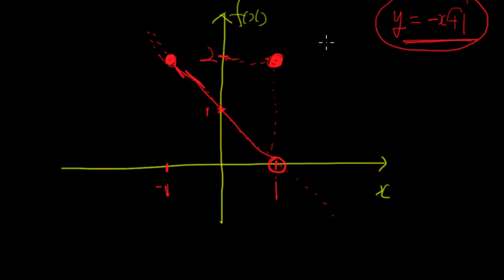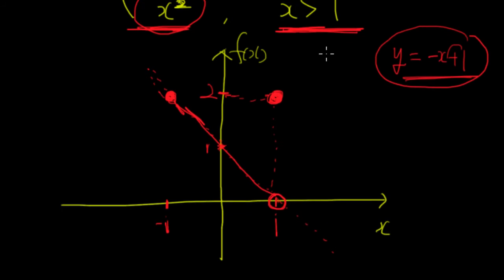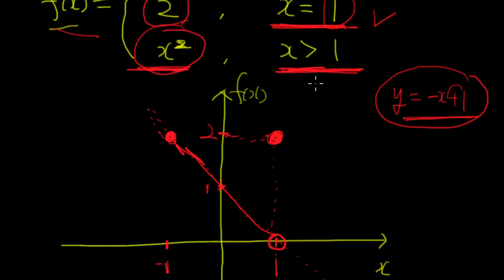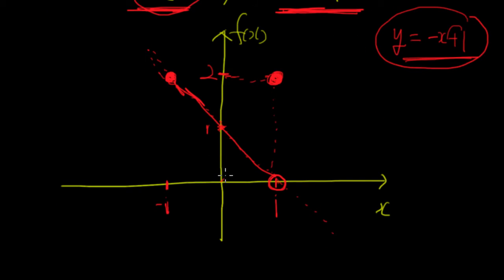If you originally graph the square function, it should look like this U-shaped curve.